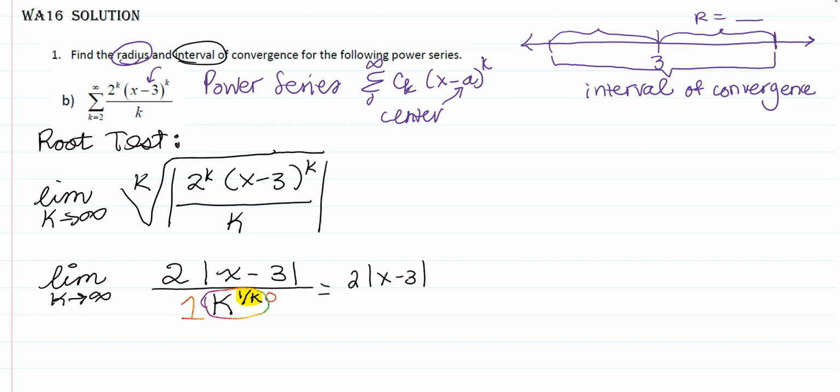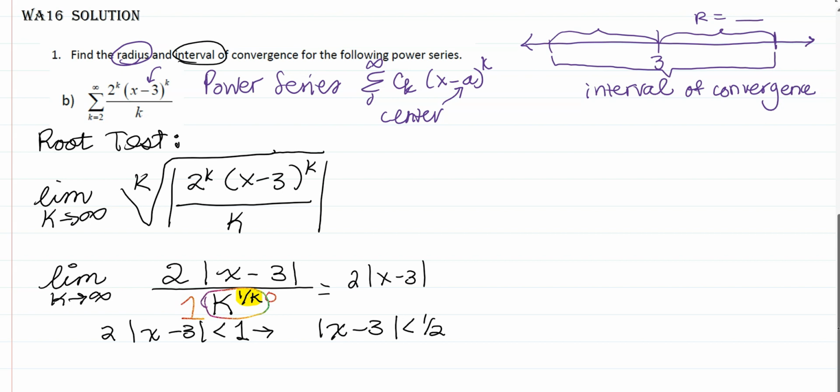And the condition for the root test is that whenever the limit is less than 1, then the series will converge. Okay, so we are looking at when 2 times the absolute value of x minus 3 is less than 1. Well, that happens when the absolute value of x minus 3 is less than 1/2.